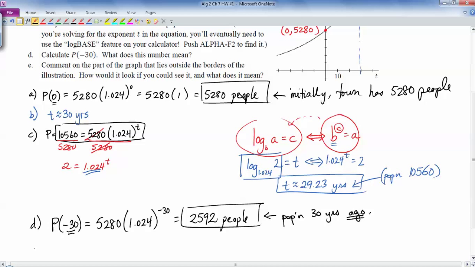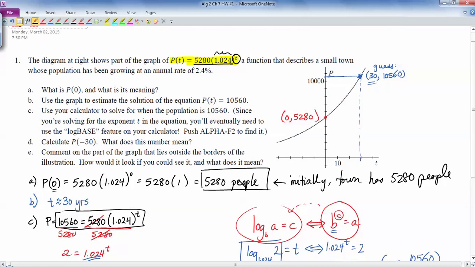Then it says comment on the graph that's outside the borders of the picture. Well, over on the right side, this thing's just going to keep going up like that, steeper and steeper and steeper. Over on the left side, this thing's going to get closer and closer to 0 without ever going past it. So out here, we've got an asymptote of y equals 0.